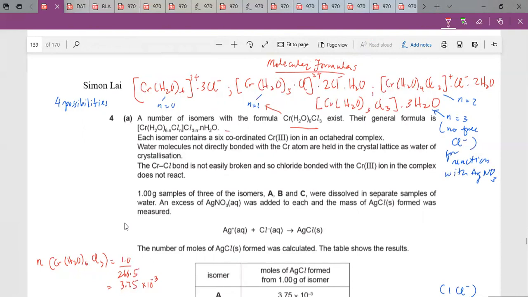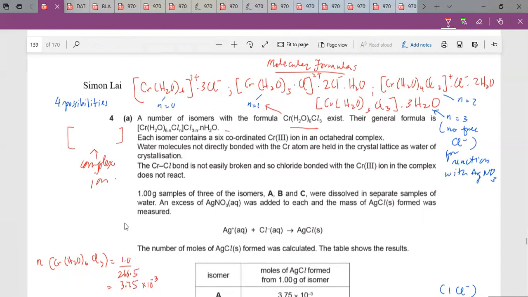Now, all these numbers here can be quite scary. Cr(H2O)6-n Cl n and then bracket Cl. When you put the bracket inside, that means this will be a complex ion. Okay, right? The rest of them are outside the ion. So the n here depends on what the number of n is, now they will explain to you.